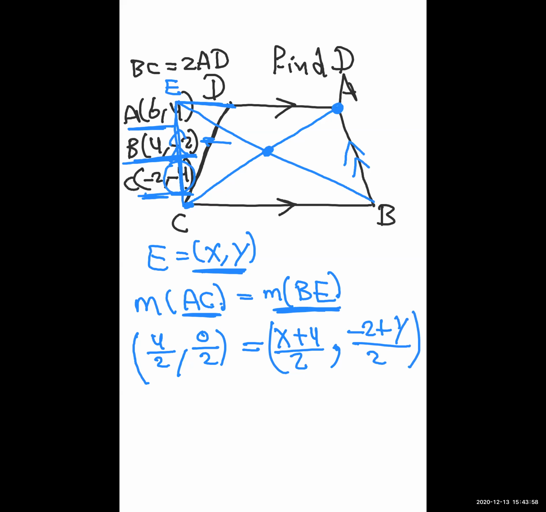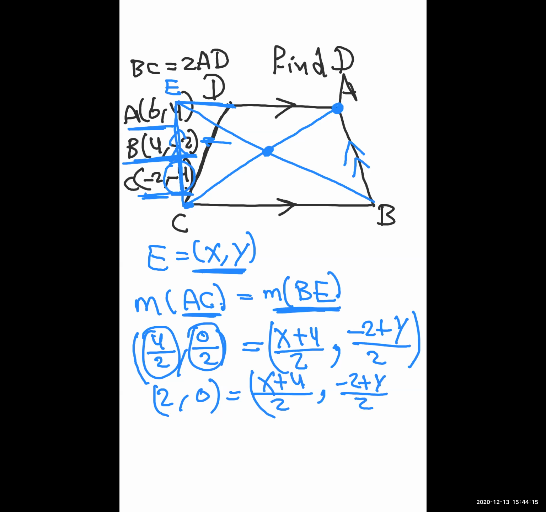Okay, now, guys, it's very easy. This one will be 4 over 2, which means 2, and this one 0 over 2 means 0. Now it will equal (x plus 4) over 2 and (negative 2 plus y) over 2. So the first will equal the first. So 2 will equal (x plus 4) over 2.